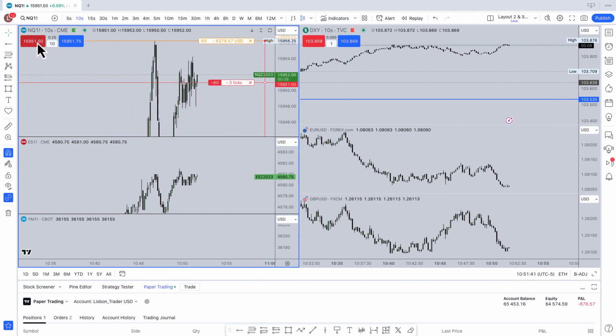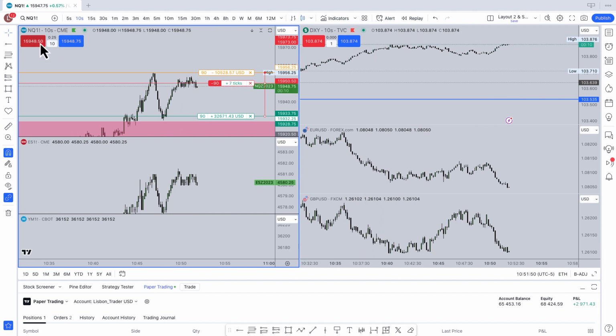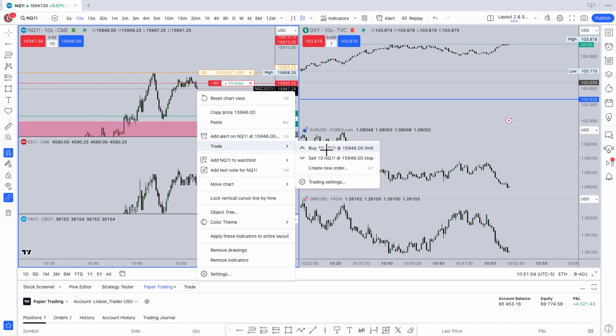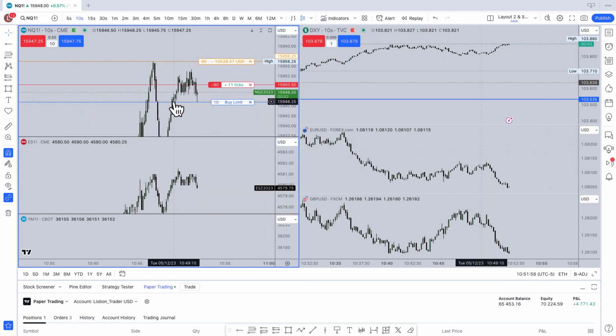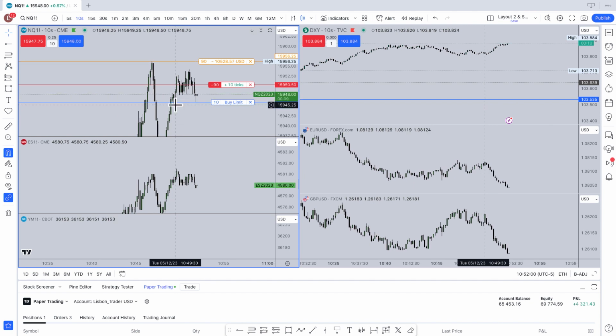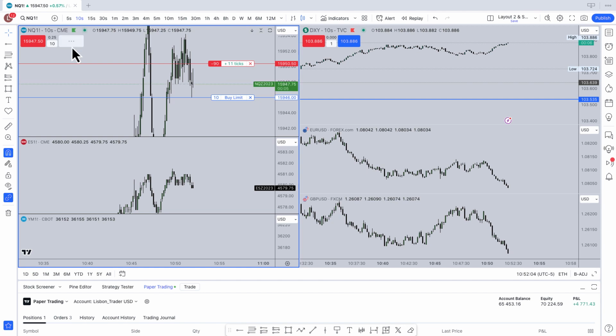I do not want to do this, to risk the 10k I mentioned there. So here, this is the fair value gap and IOF, institutional order flow entry drill that I want to capitalize on.